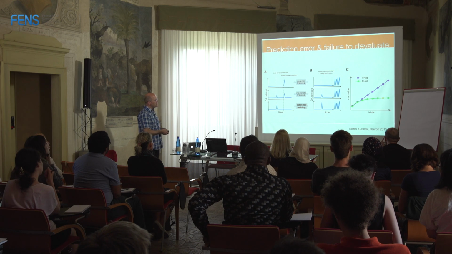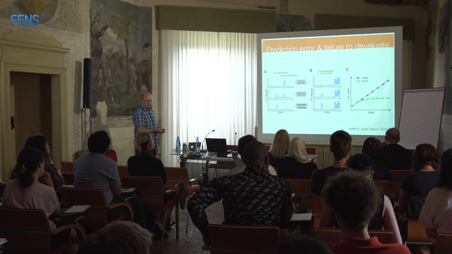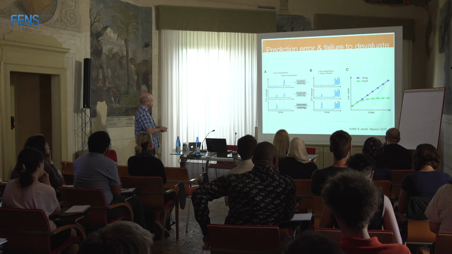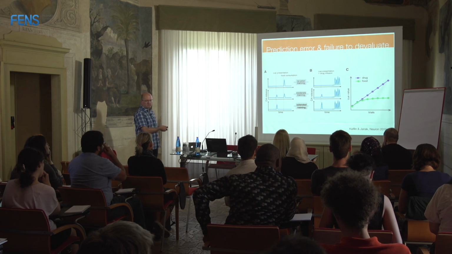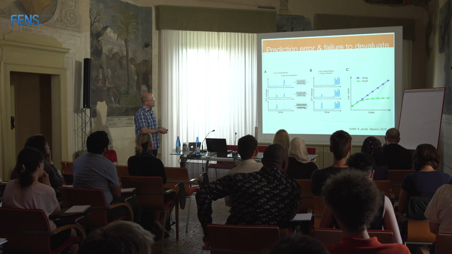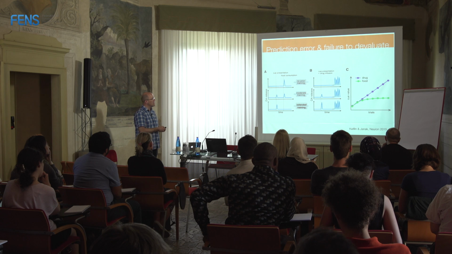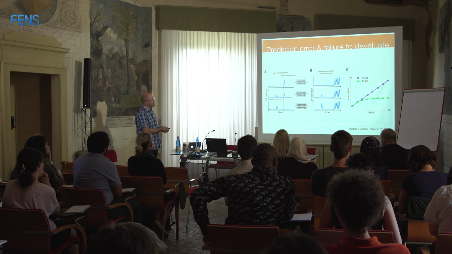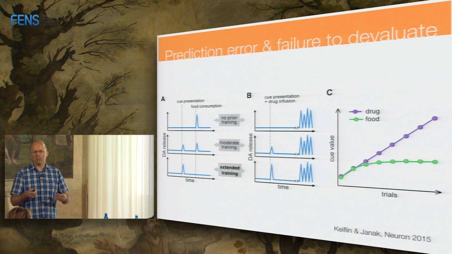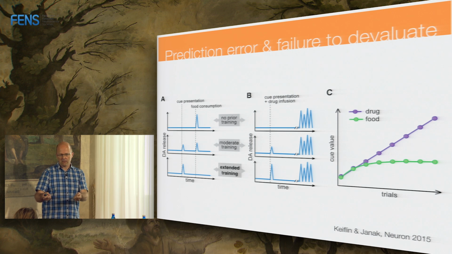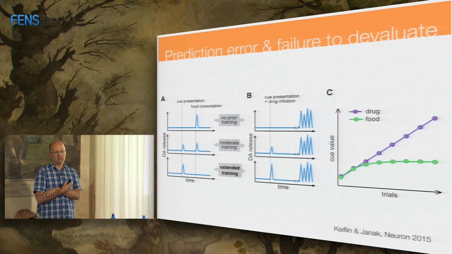But what you can see here is the Q value, which obviously increases as these firing frequencies increase, is sort of leveling out because of that devaluation situation. And that is different here because with the drug, that devaluation is not possible. It's overridden by the pharmacological power.